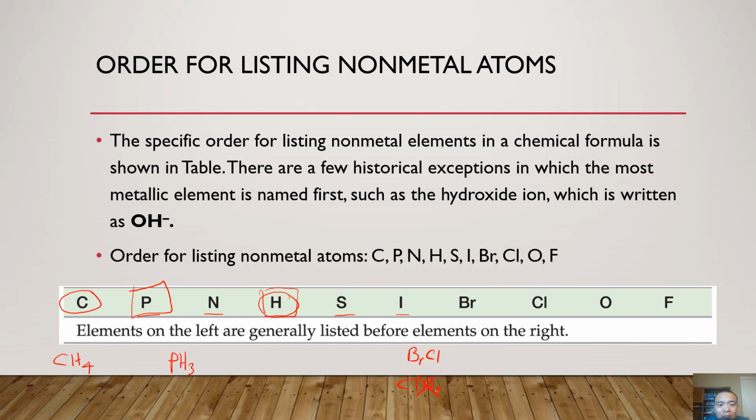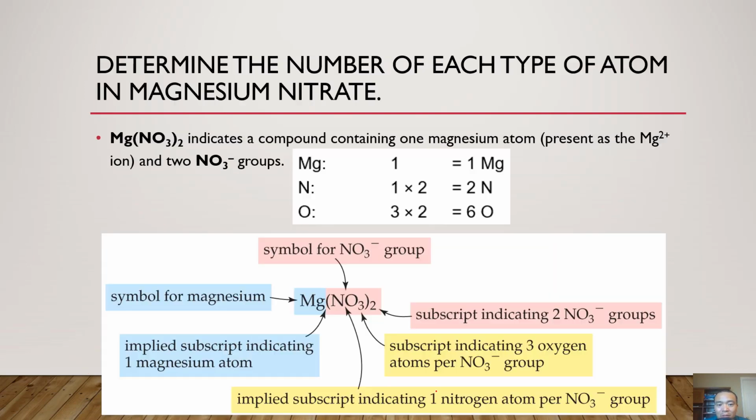So we have talked about how to write the formulas in the correct order. In the previous slides, we also talked about how to count the number of atoms by looking at the corresponding subscripts, but we do have more complicated situations. For example, you might run into a formula that has parentheses.